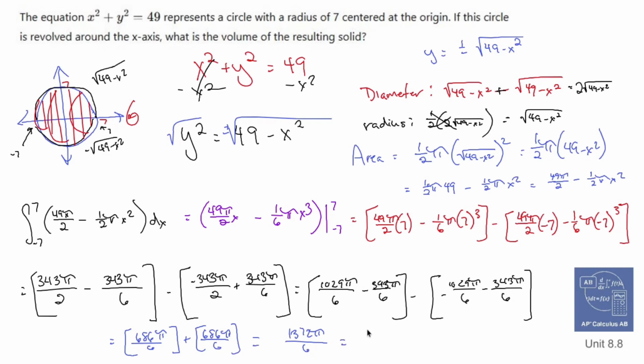Both of those are divisible by 2, so 686 over 3 pi. I hope I'm doing the math right. I actually made a mistake, that's a 6. So I think we're done here: 686 pi over 3. Gross, yuck.